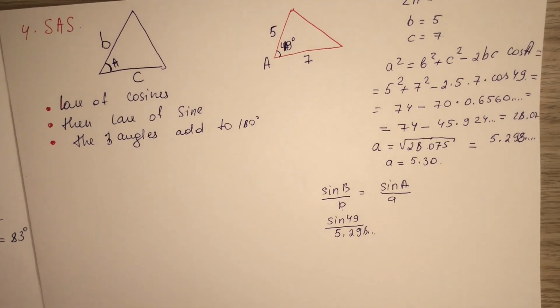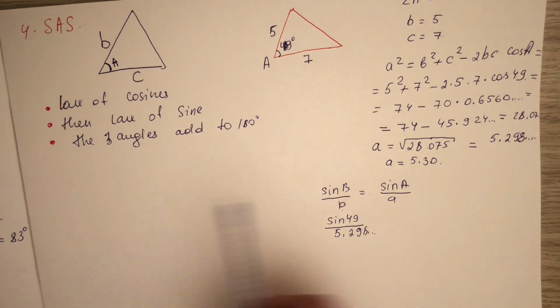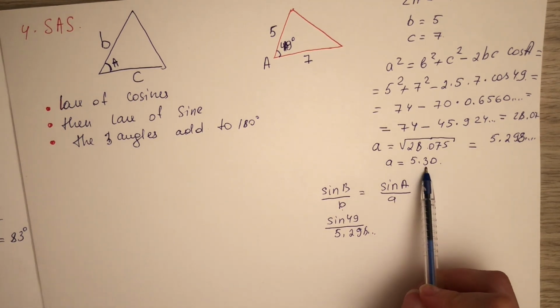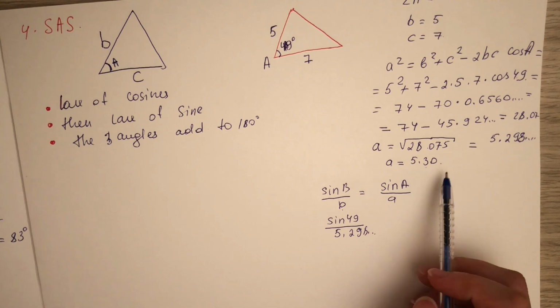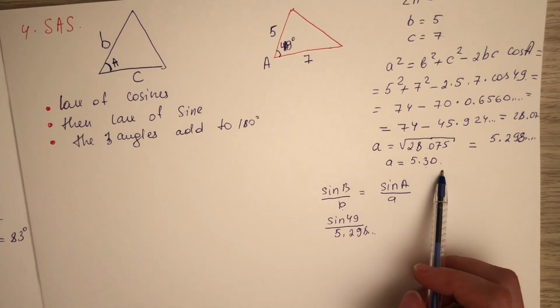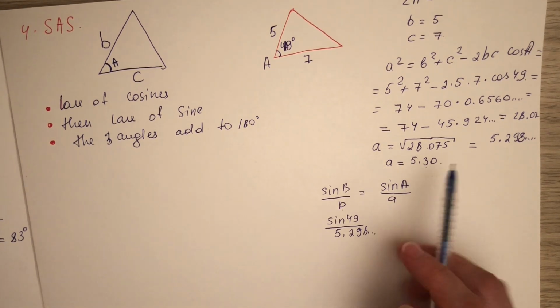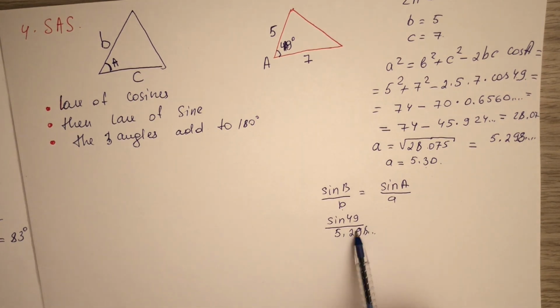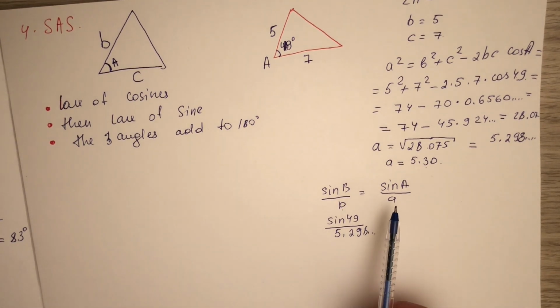Did you notice that we didn't use 5.30? That number is rounded to 2 decimal places. That's not the exact number. So it's much better to use the unrounded number, which should still be on our calculator from the last calculation.